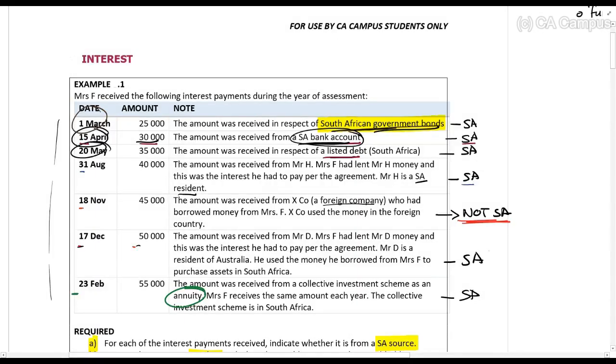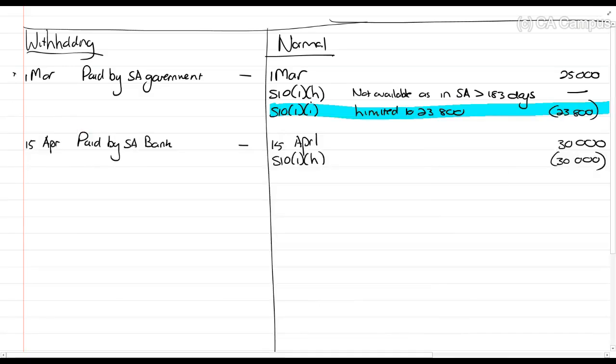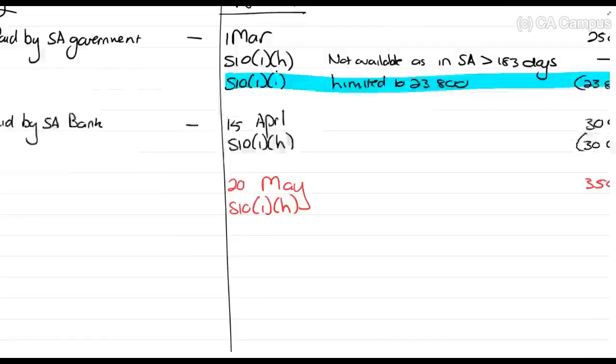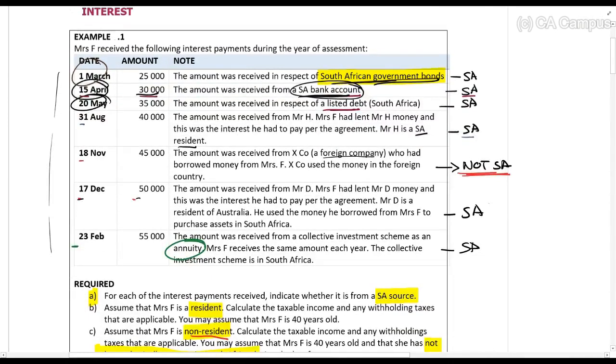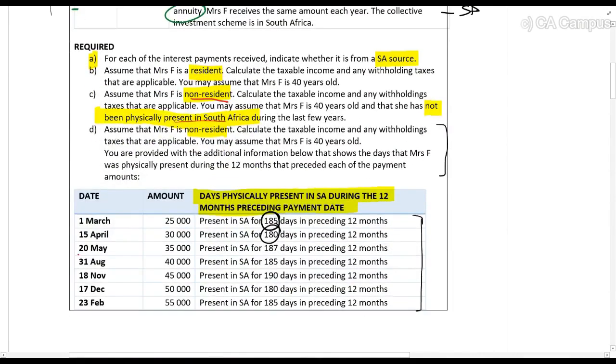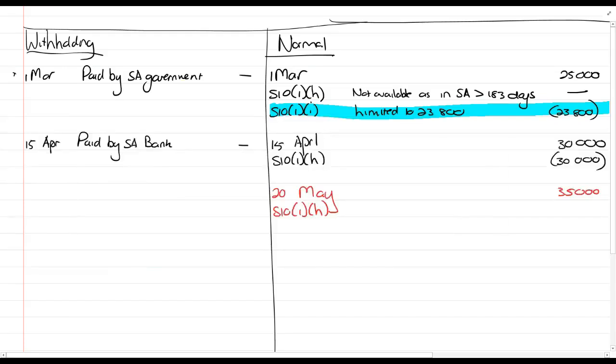May, 35,000 for the listed debt. Can we apply section 10(1)(h)? And guys, this logic I'm following is what you should also do in an exam. So 20 May, we go back 12 months, 187 days in the last 12 months.